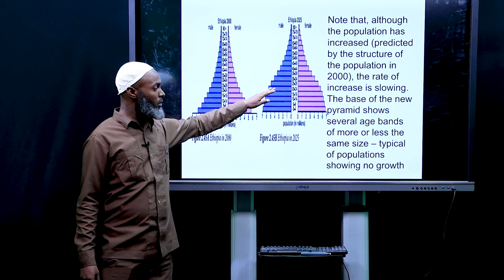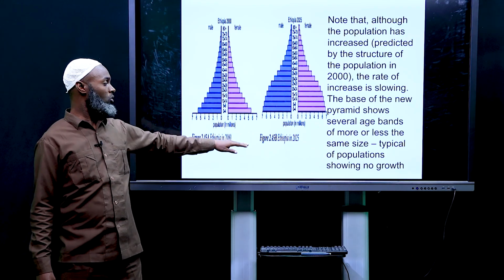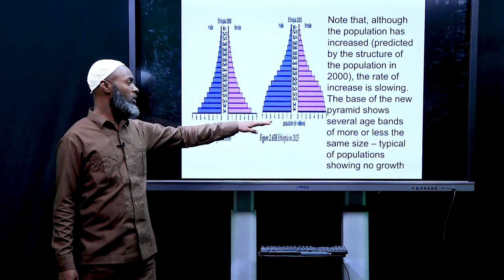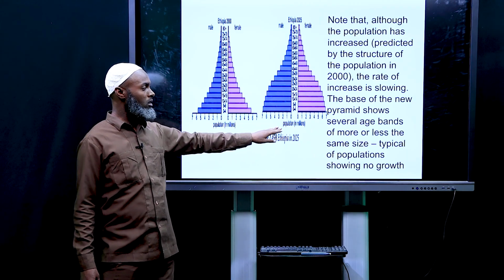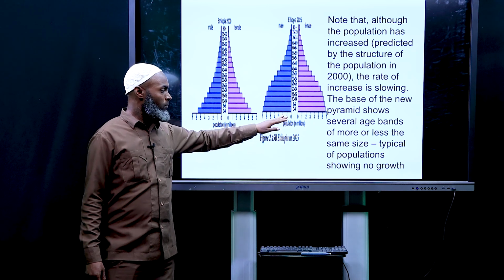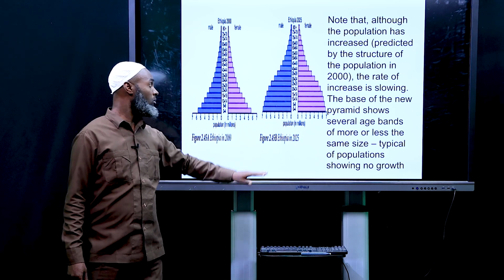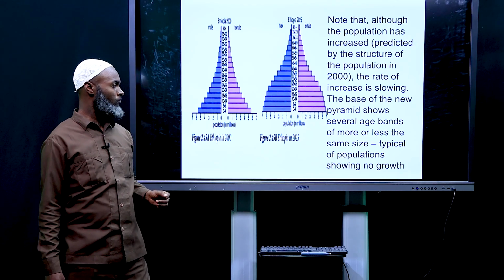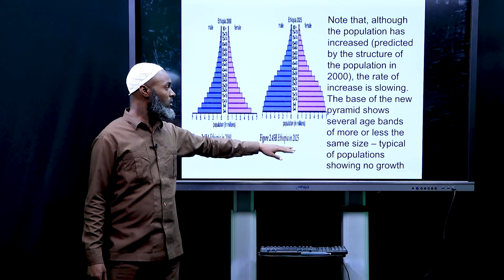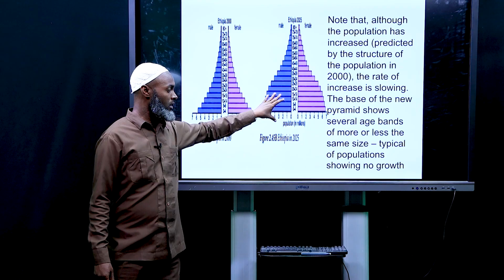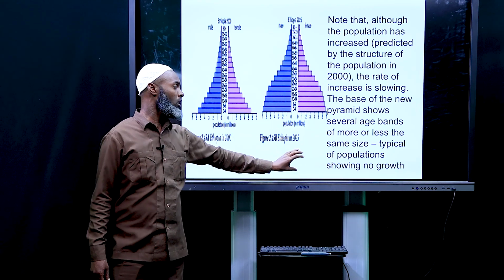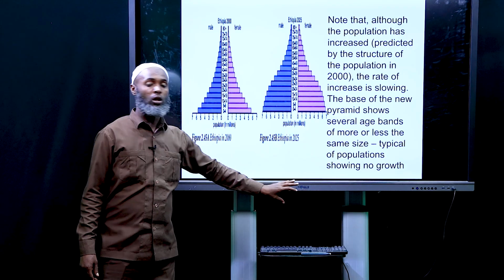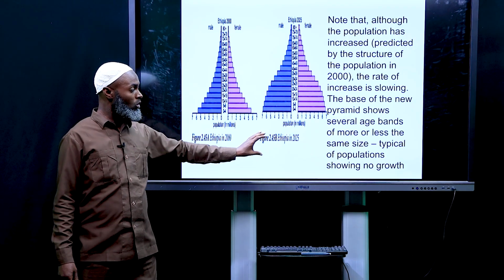And this is the predicted population of 2025, and the base of the new pyramid shows several age bands more or less the same size. If they have the same size, this shows the population is not growing.